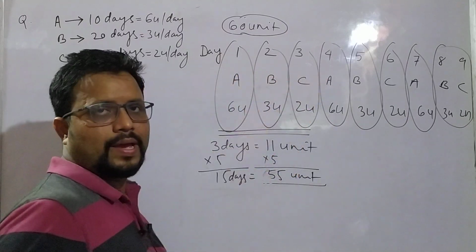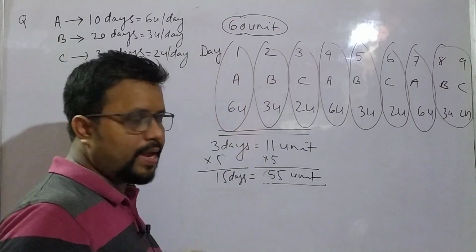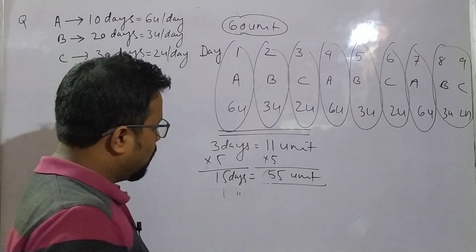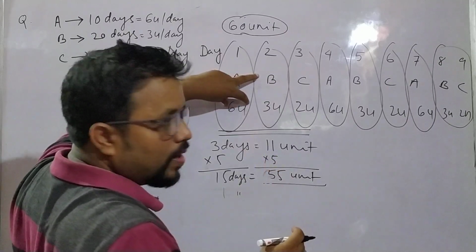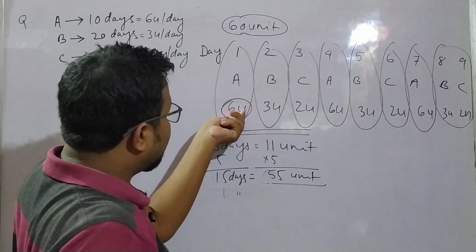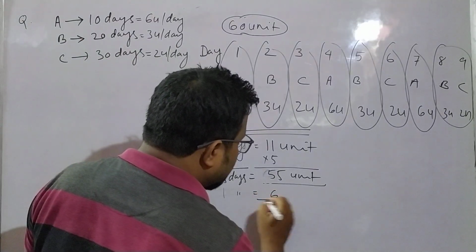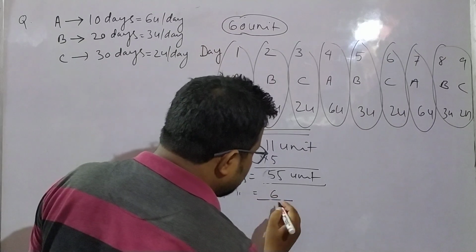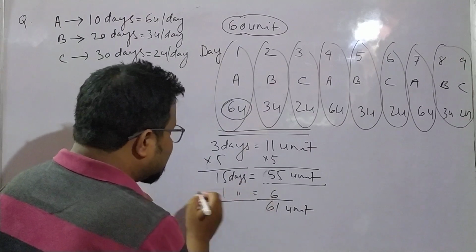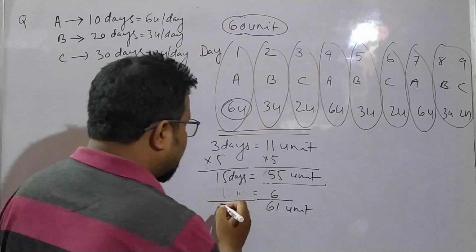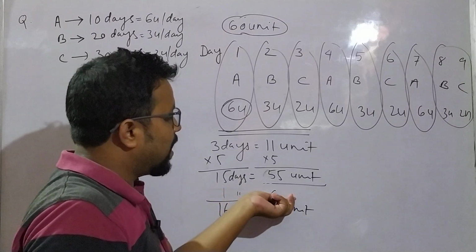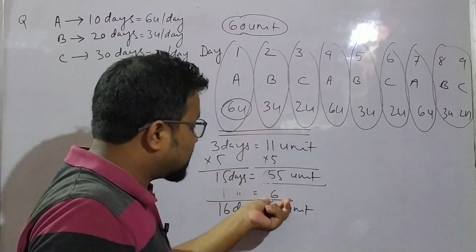Of course A. On the 16th day A will work, but how much can A do? 6 units. So 55 plus 6 is 61 units.